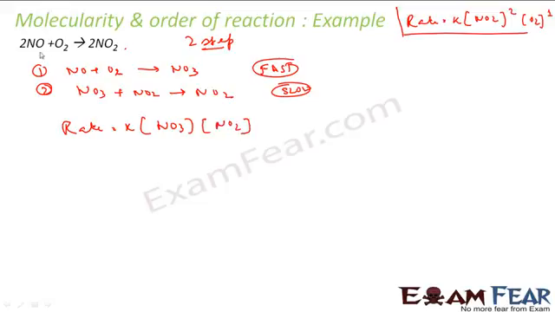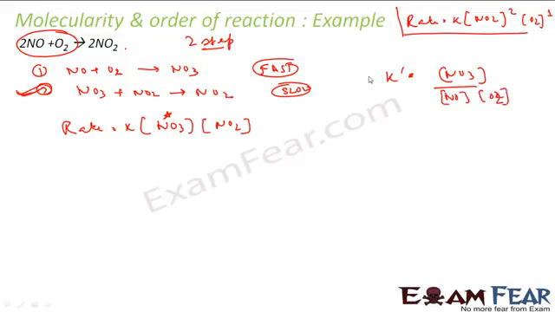But NO3 is not part of the reactants. What should we do? This is the reaction we have taken. So we'll use the first equation to find the value of NO3. For the first equation, K dash, let's suppose, is the concentration of NO3 divided by the concentration of NO and the concentration of O2.